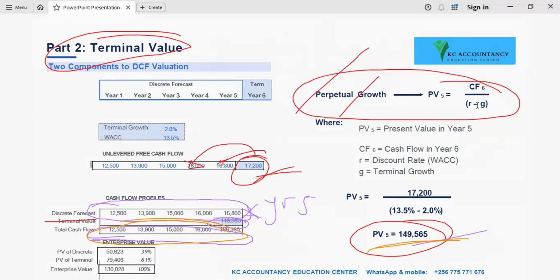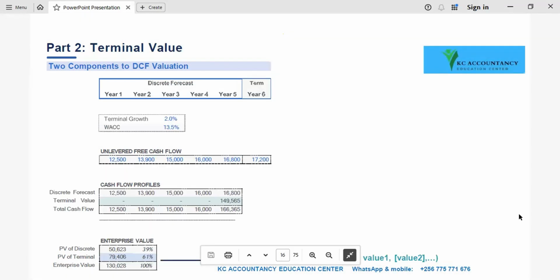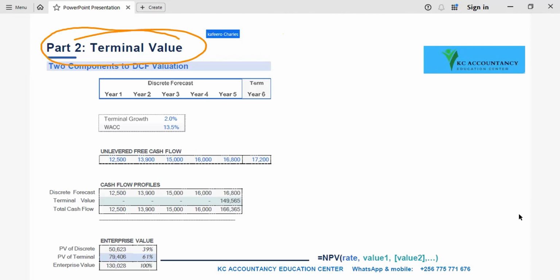So let's now move forward and concentrate on getting the cash flow of this 149,565 US dollars back to year 5, because when you put it back to year 5, that is our year of valuation, that is our valuation date. We can now bring this table here. This table right here is the table that we are going to use now.